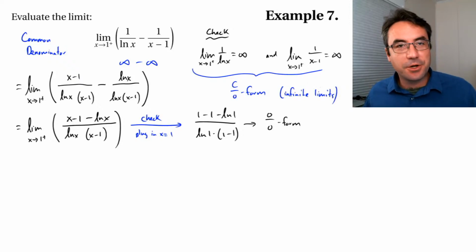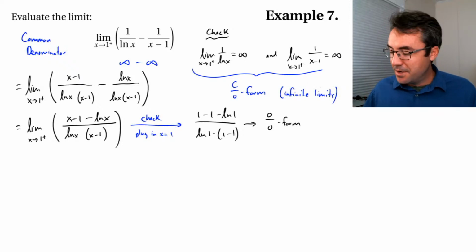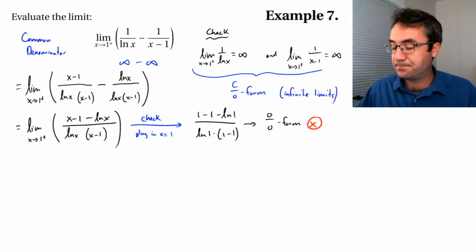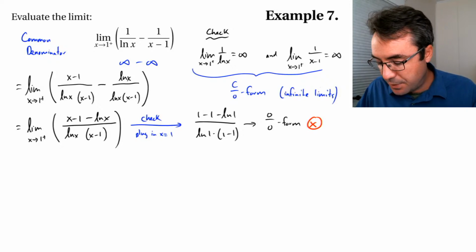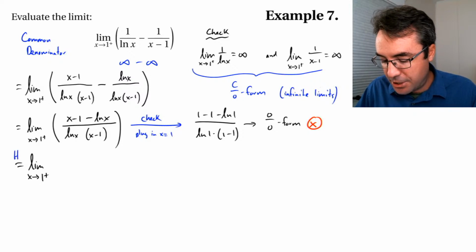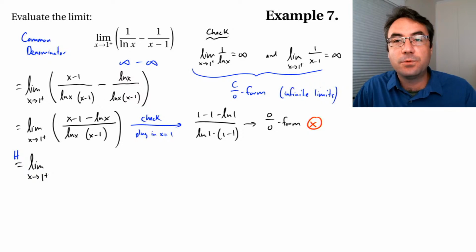So also indeterminate, so that's not the answer, but it does give us a little bit of information. It tells us that we can actually use L'Hopital's rule. So let's apply the rule. We indicate that in our work with a little h.